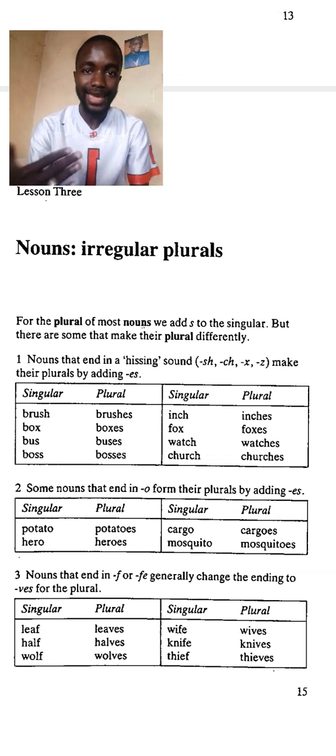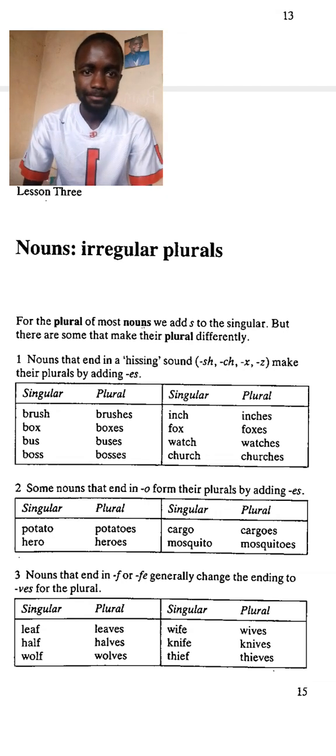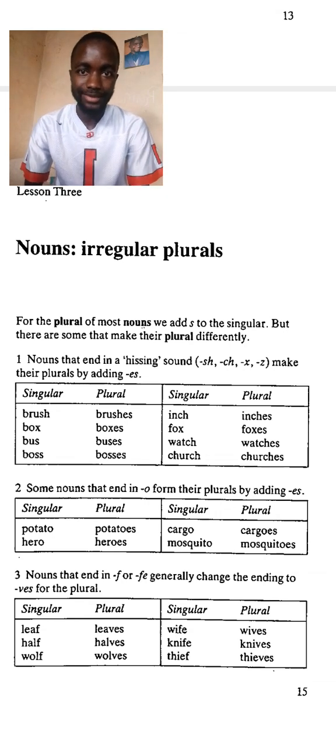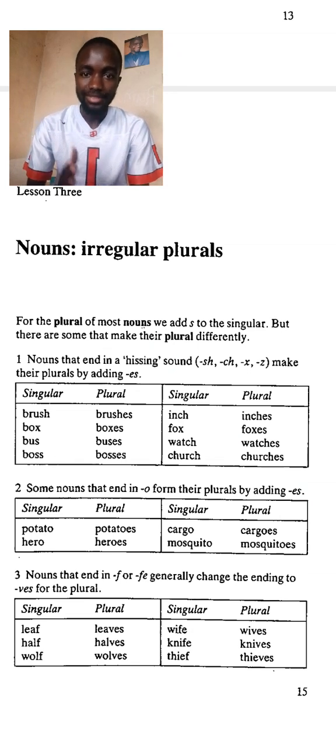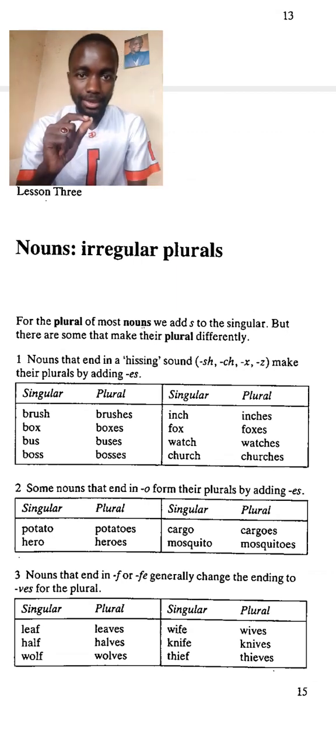So nouns that end in a hissing sound, for example nouns that end in sh, ch, x, or z, make their plural by adding es. So if a noun ends in sh, ch, o, x, or z, we make it plural by adding es.